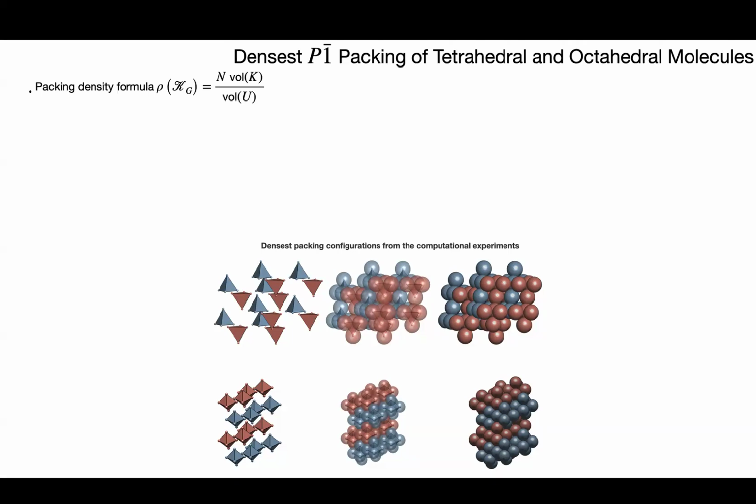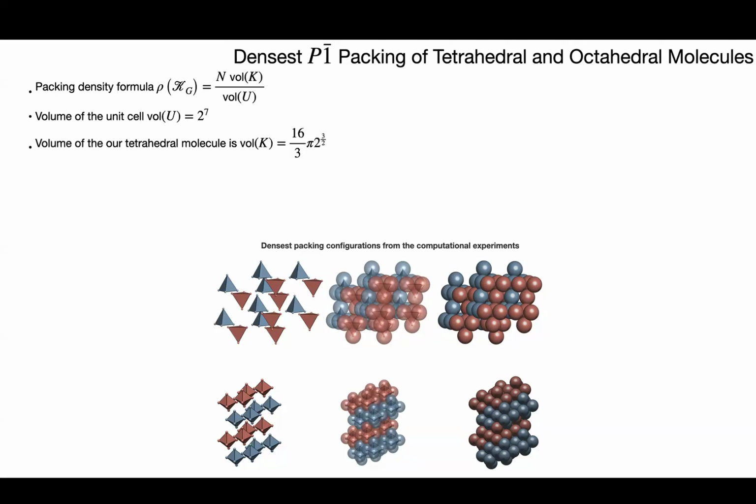what is the density? The actual number. So the formula we use for packing, let's go through this. Volume U is the volume of the unit cell, and for the tetrahedral case, it was 2 to the 7. Well, it's not exactly. It was like 0.9999, so it's very high precision, but still you get numerics.